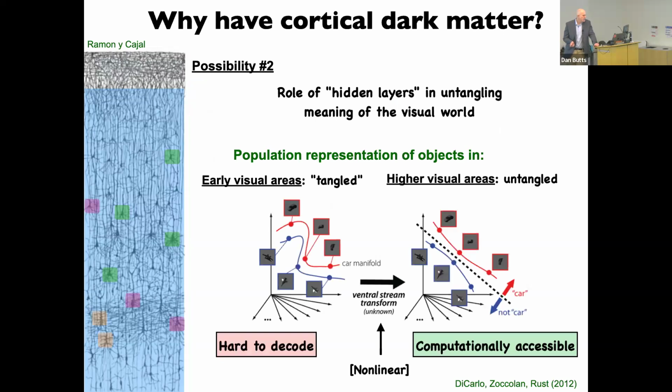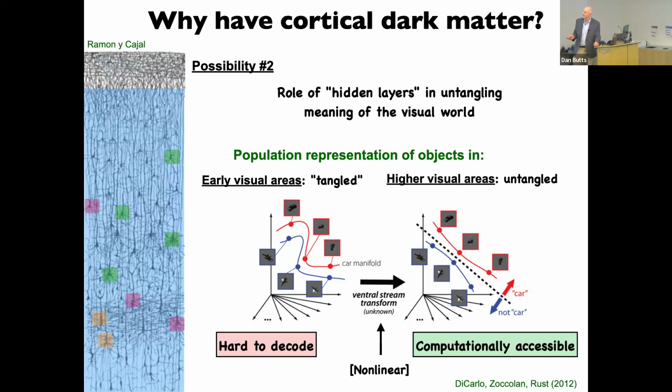But the other explanation, which I think is embraced by now increasingly a lot of people, is that this sea of dark matter is really parts of hidden layers, stacked sets of nonlinear computations that are ultimately doing a larger purpose.